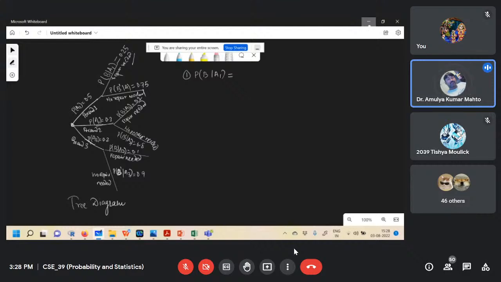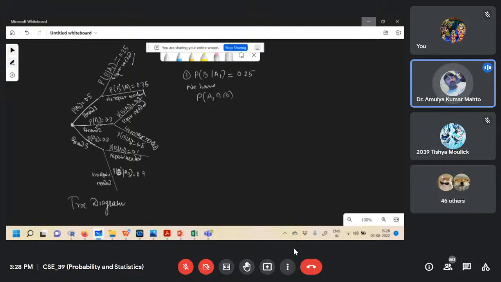So this probability, that this is of brand 1 and needs repair, from here you can see this one is 0.25. We need the probability that it's brand 1 and needs repair. This is what we actually need to find in the first problem.